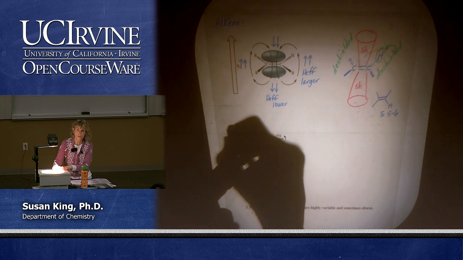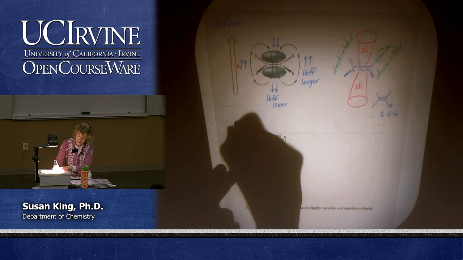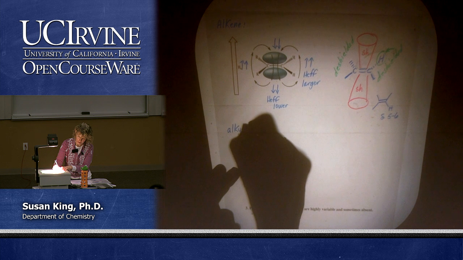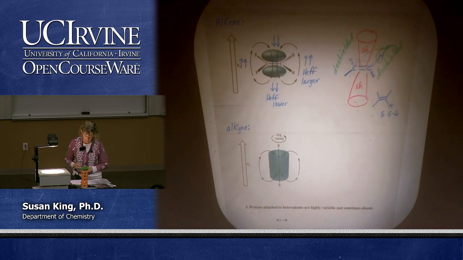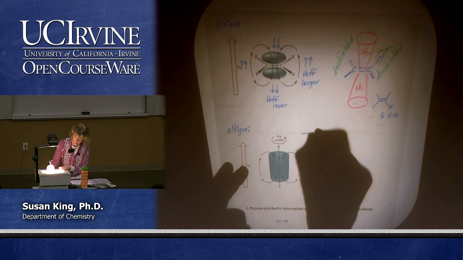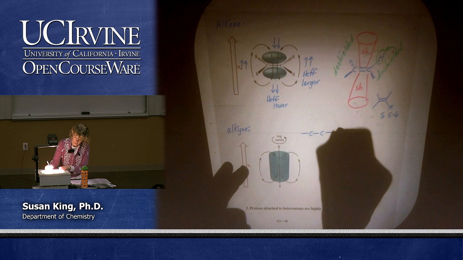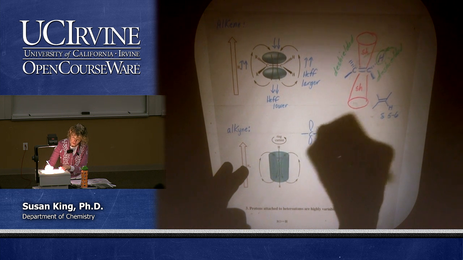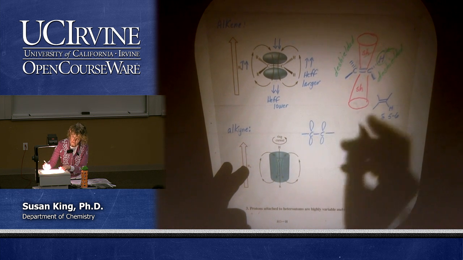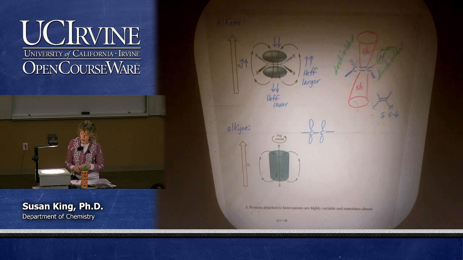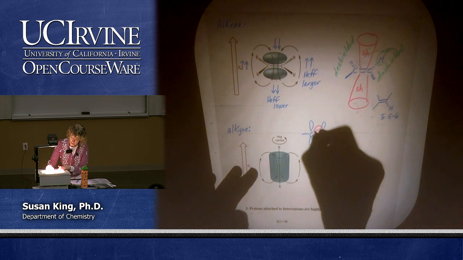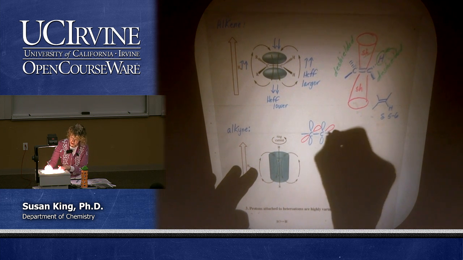All right, and now we can explain why an alkyne is much lower than we would expect. And that has to do with the way that the electrons are circulating. So what we know about an alkyne, I'll just draw it right here. We have our sigma bonds here. We have our 2 pi bonds, one in the y-axis, the other in the z-axis.